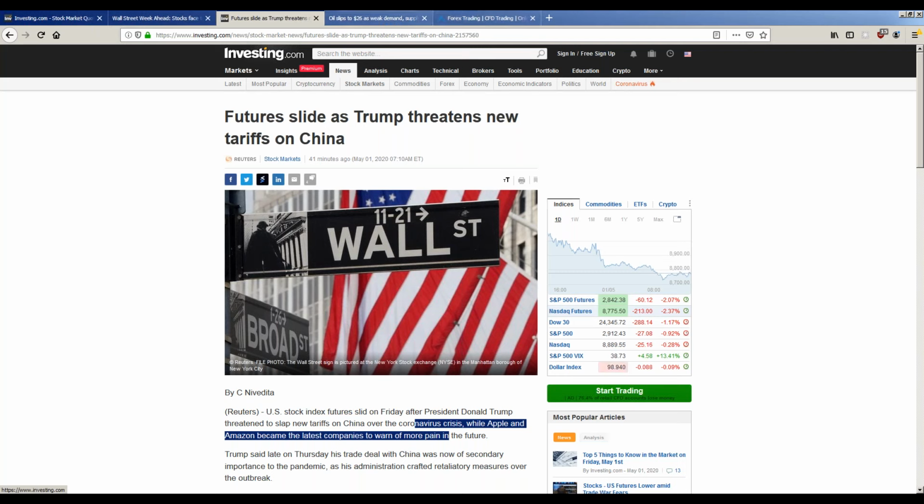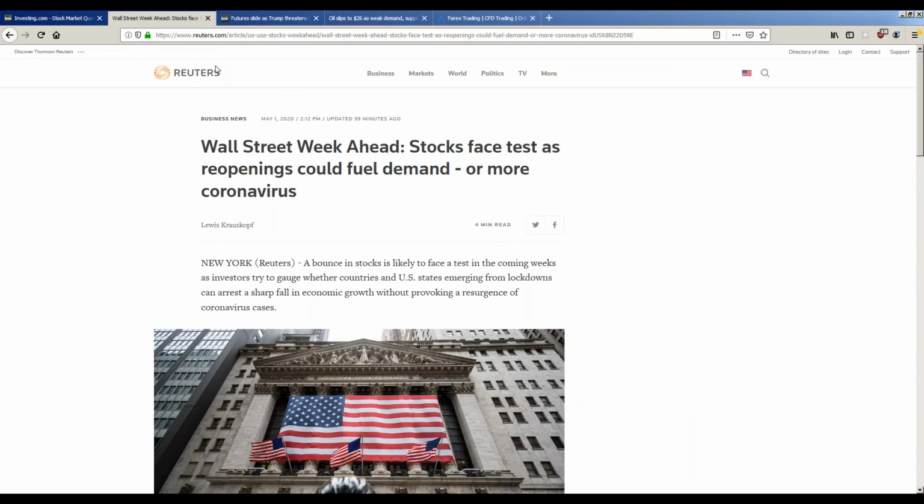And so we take a look at some other headlines. Stocks face test as reopenings could fuel demand or more coronavirus. So even as there's positive news, and that helped spur the markets yesterday, a lot of green yesterday on the markets, and it was in response to countries around the world, including European nations, US, other places starting to open up economies, okay?